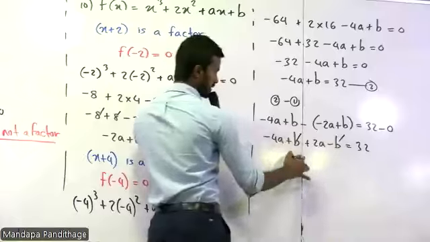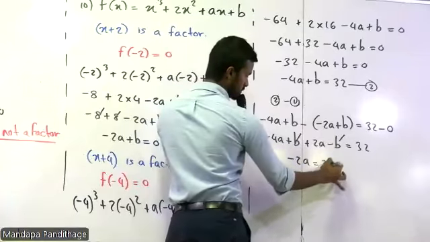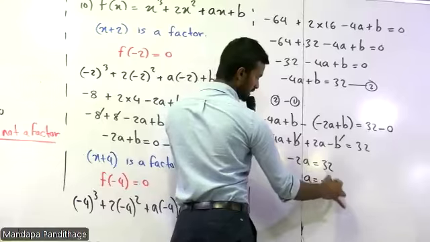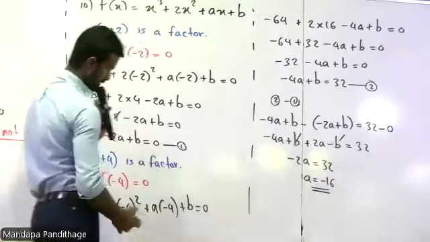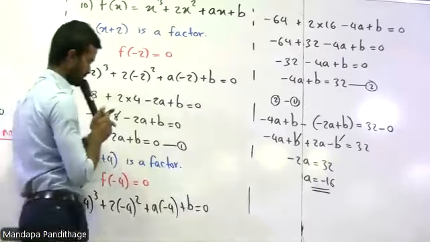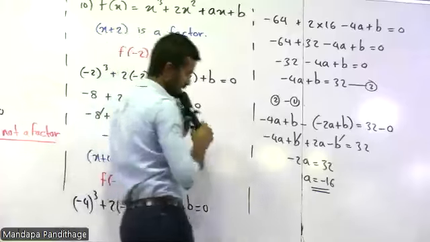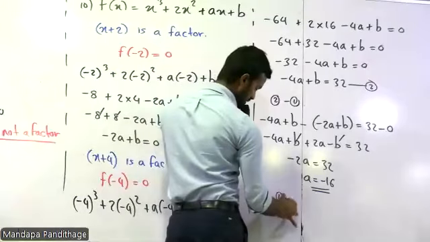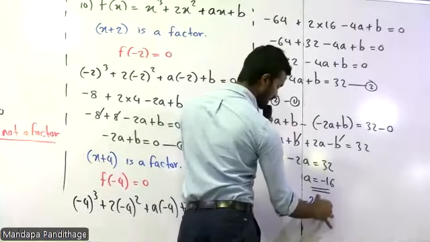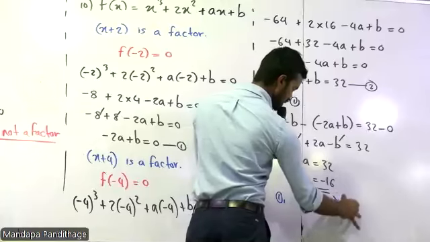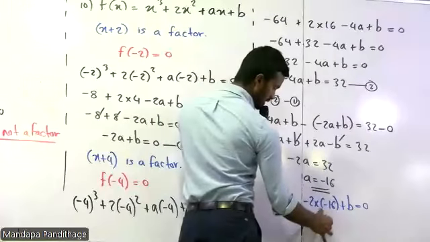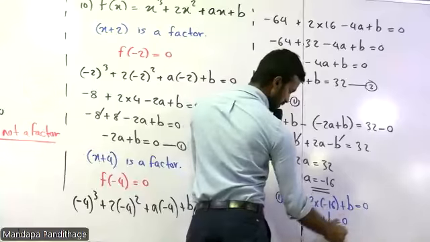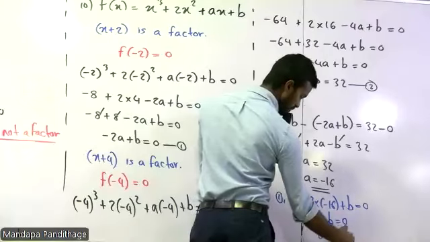So when you simplify, minus 2a is 32, which means a is equal to minus 16. Consider the first equation: minus 2 into minus 16, that is 32, plus b is equal to 0. Then I get b is equal to minus 32.